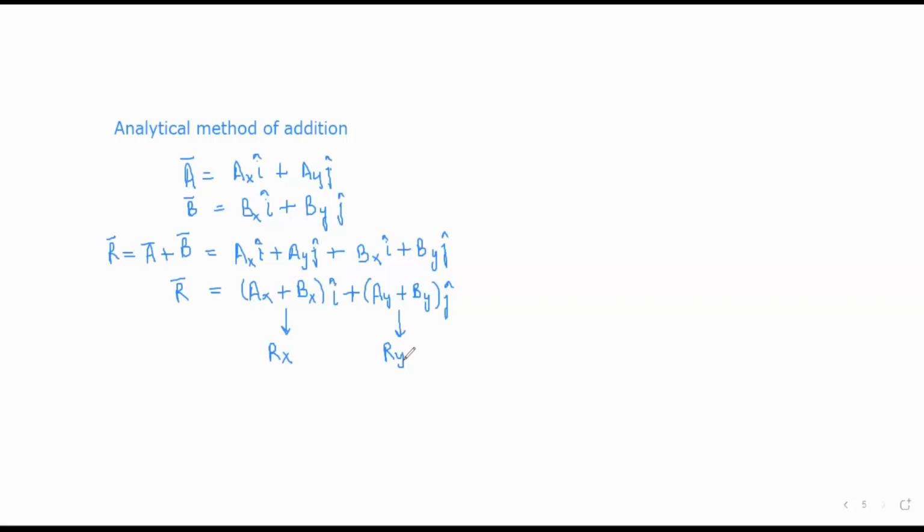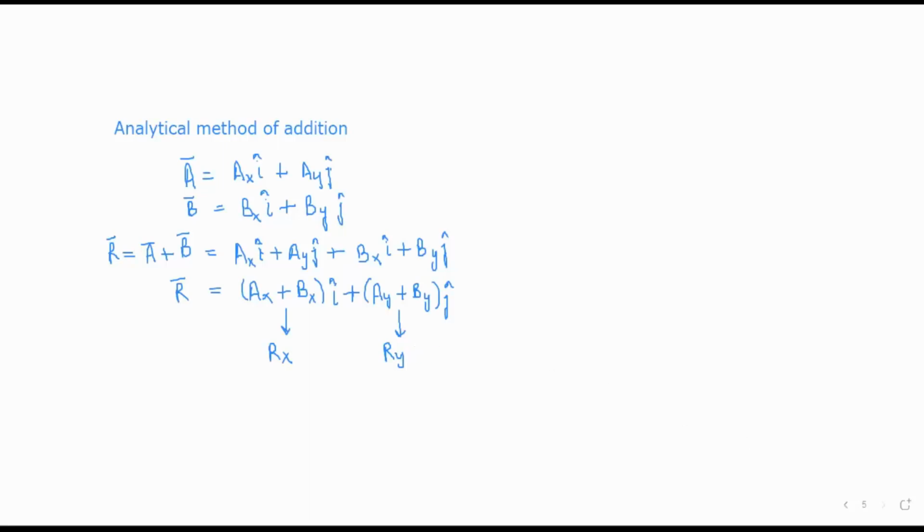So when we add the two vectors, we simply add these contributions. That is, the resultant vector will have the contribution in the x direction as the sum of the contributions of the original vectors in the x direction, and similarly for the y direction.